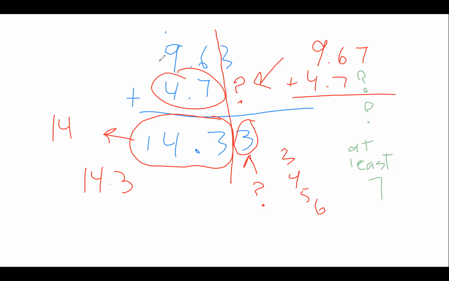All right, so now let's do the rest of them here. So 6 plus 7 is 13, carry the 1. So we get 14.3 before, but it's 14.3 question mark, which we know is at least 7. So if we go rounding this off, we're not going to round down. We're going to have to round up. So the answer is going to be 14.4. All right.